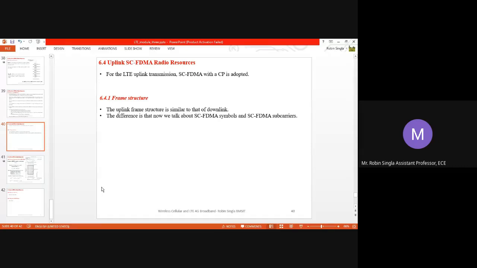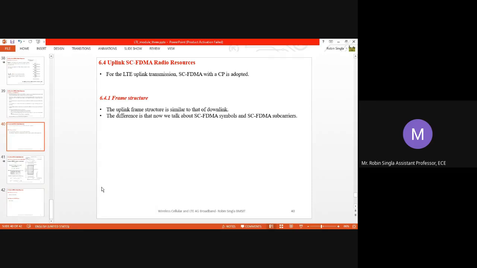And SCFDMA we have already studied, right? SCFDMA possesses most of the merits of OFDM while enjoying a lower PAPR. Okay, it has a lower peak to average power ratio. Lower PAPR is highly desirable in uplink as less expensive power amplifiers are needed at user equipment.